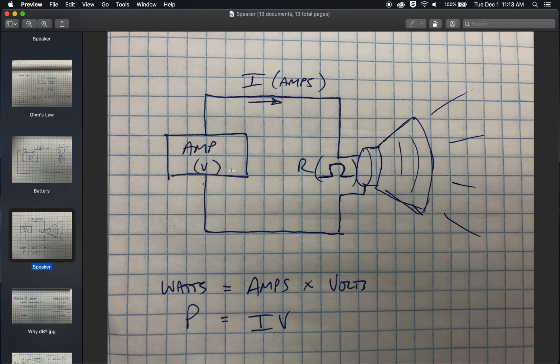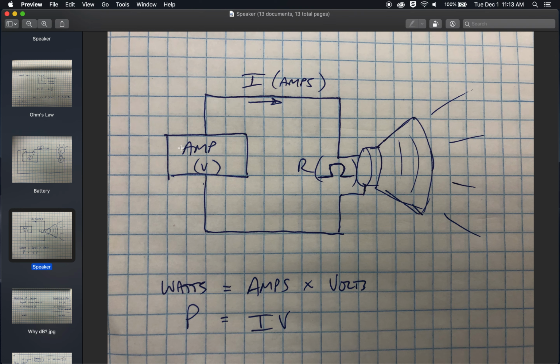And so for that reason, you want an amp that can handle many times more than what your speaker can. Because if this speaker is pulling 100 watts of power from this amplifier, and the amplifier is only rated for 100 watts, this amplifier is humming at 100% capacity the whole time.